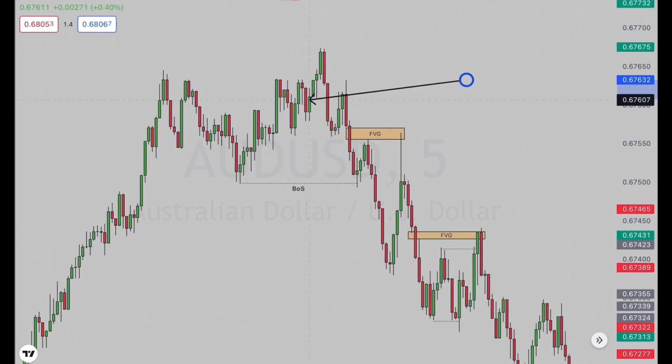We see a break of structure, which is already a sign for a bearish market structure shift happening. What happens is that this is not enough of a sweep of the last low to gain enough liquidity, so price goes back into a fair value gap.